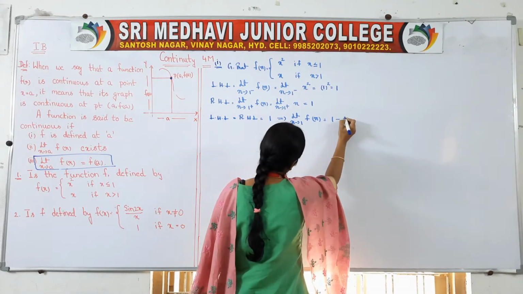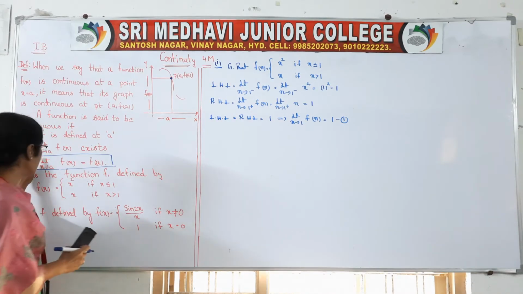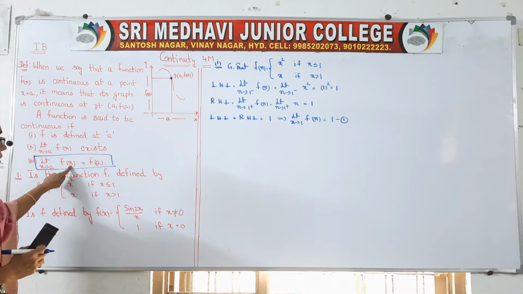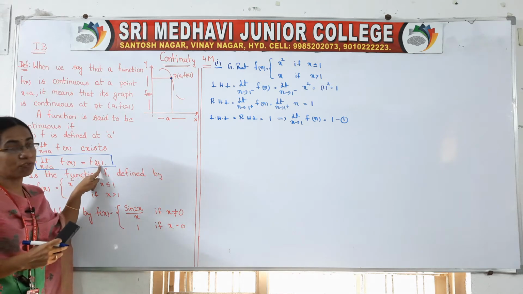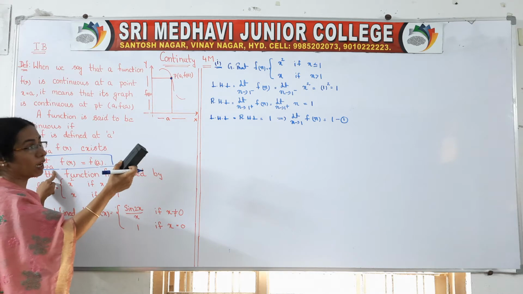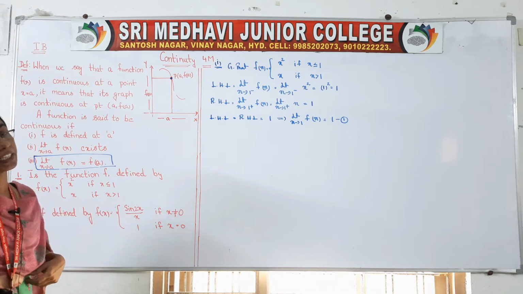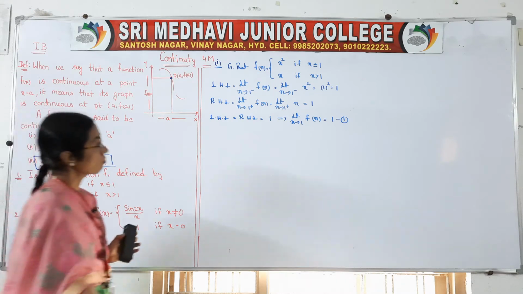You consider this as your first equation. So what is the condition? Limit x tends to a f of x is equal to f of a. So x tends to a, in a place we are having 1. So the limit must be equal to f of a, that means f of 1 we have to find.